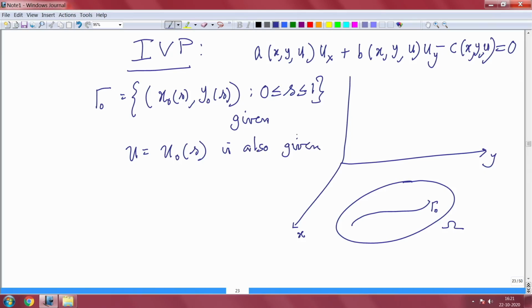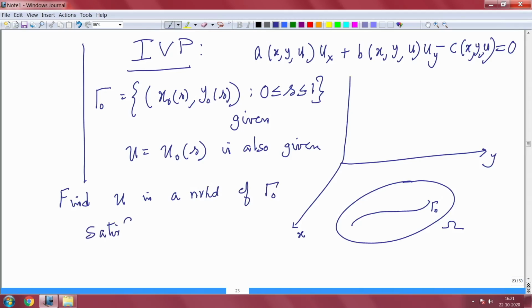So this is the complete data. The PDE is given, your initial curve gamma naught is given, u is given, and find u in a neighborhood of gamma naught satisfying the PDE plus the initial condition.